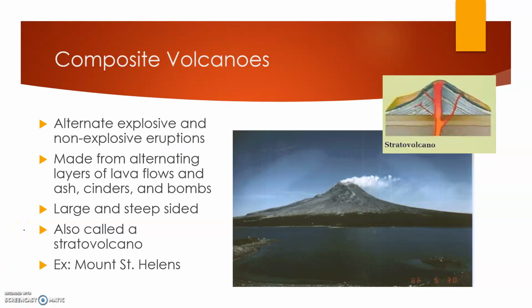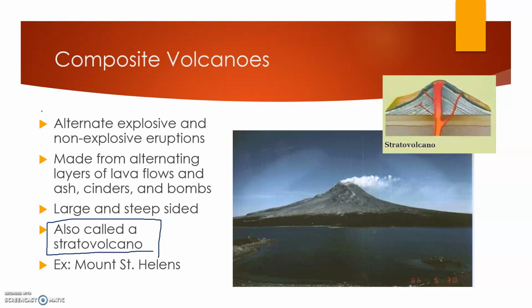The third type of volcano is a composite volcano. It is also known as a stratovolcano, so it has two names. This type of volcano has alternate explosive and non-explosive eruptions, meaning it can erupt both pyroclastic material and lava. So the actual volcano itself is made up of alternating lava flows as well as ash, cinders, and bombs that have all exploded and continued to pile up.